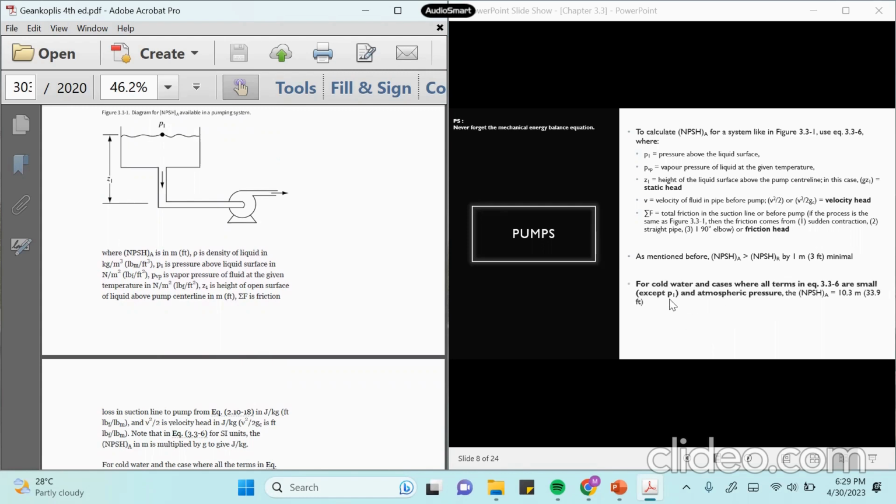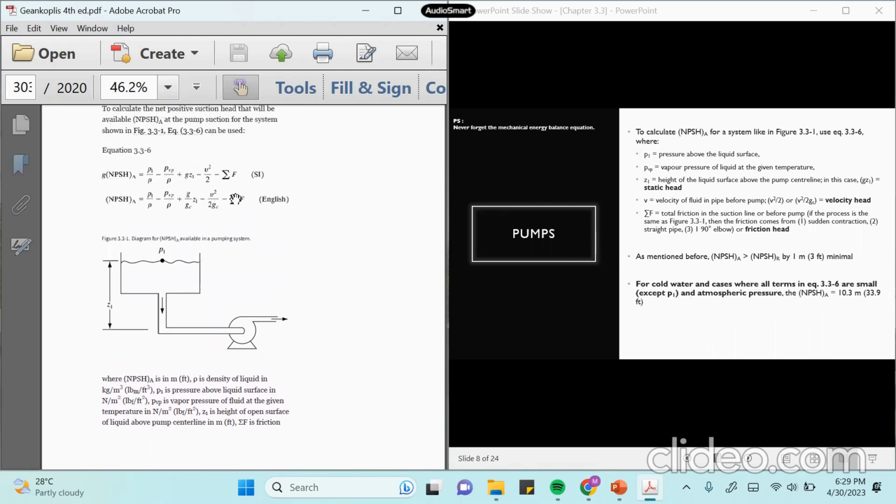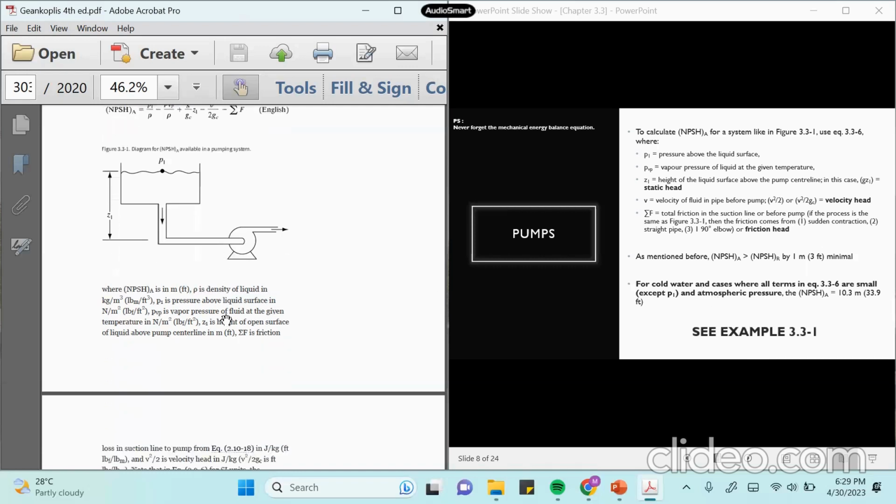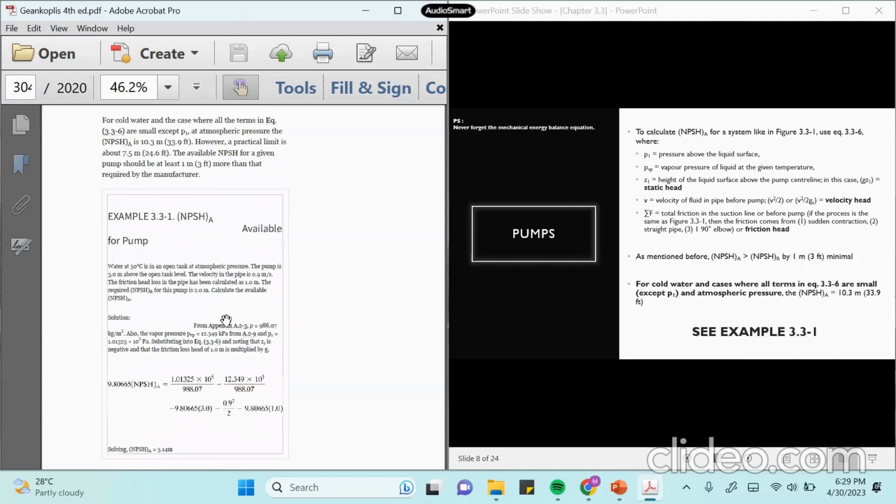Now, this is a special case for cold water, where all terms in this equation are small except for P1, and the process is carried out at atmospheric pressure. Then the NPSHA can be directly set at 10.3 meters or 33.9 feet.